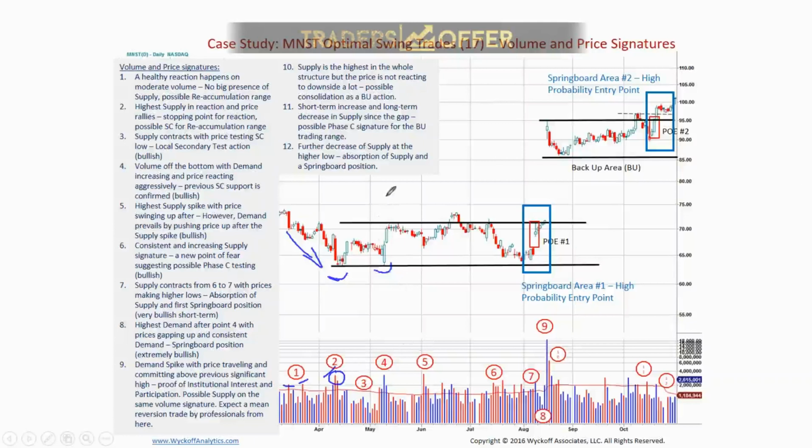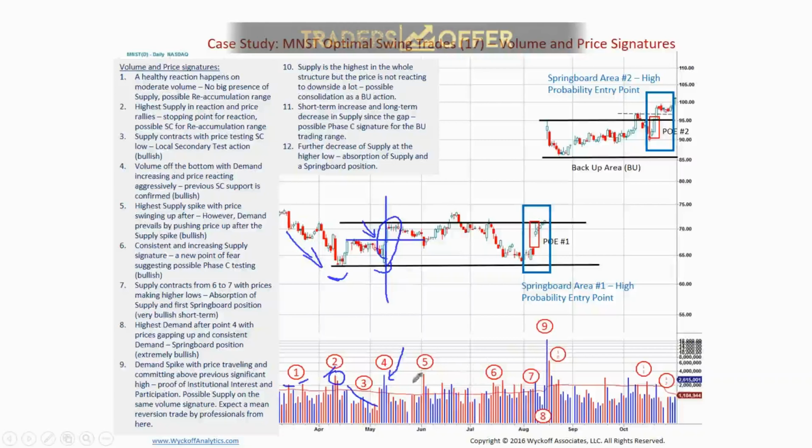Most likely that's going to happen in phase B. We're seeing how supply is contracting and how volatility is starting to increase on the upside, which is a really good sign early on in the trading range, because it's showing us some kind of strength signature. And the price actually goes on establishing a new boundary for the range.